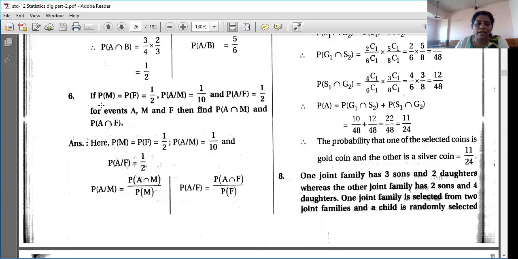That means P of M is 1 by 2 and also P of F is equal to 1 by 2.